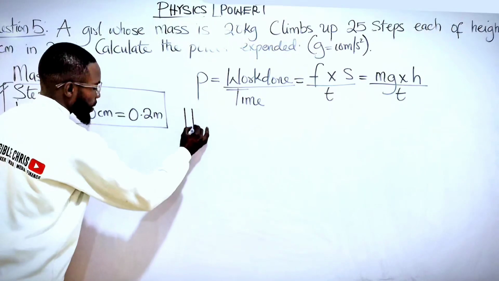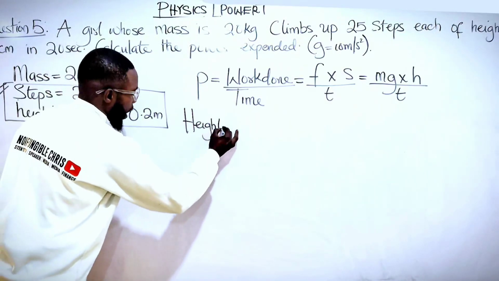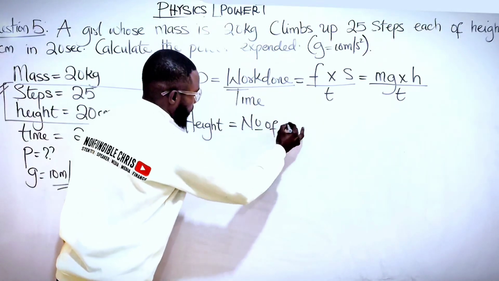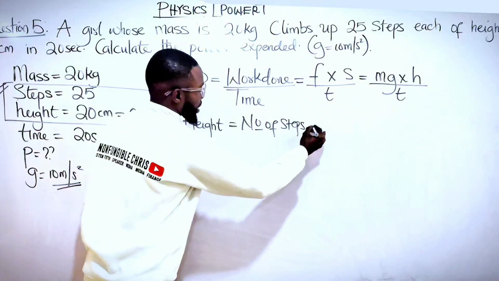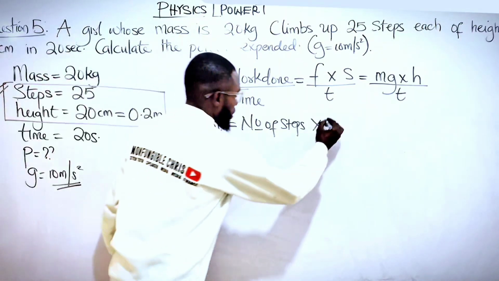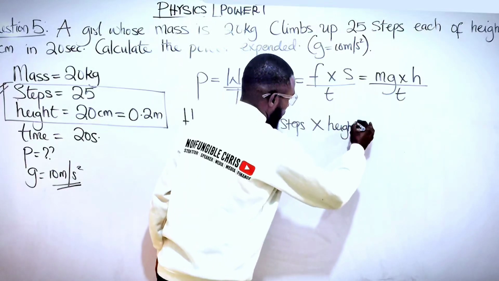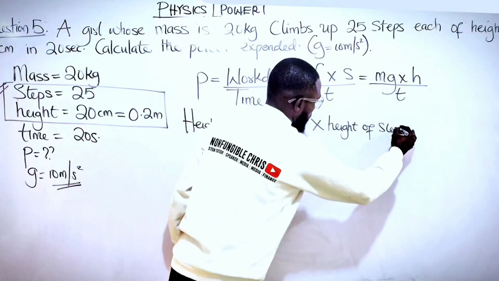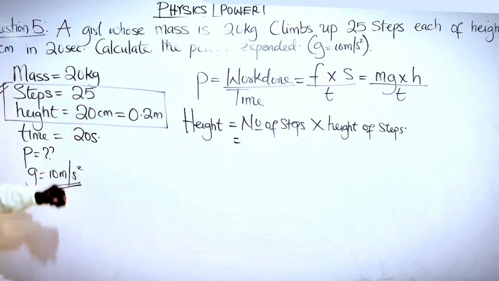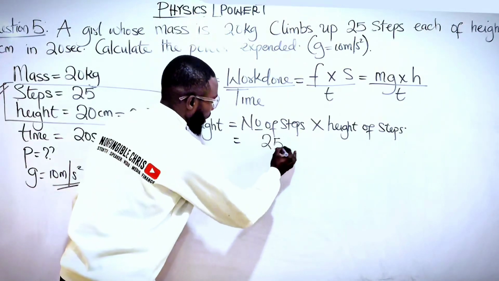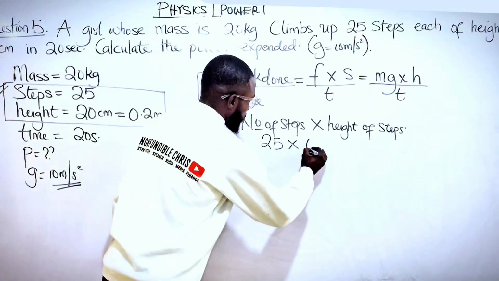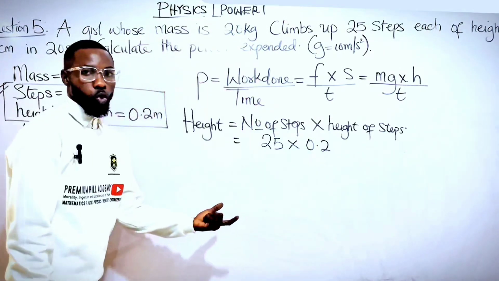The height is going to be the number of steps times the height of the steps, right? So what's the number of steps we have? 25. To climb 25 steps, 25 times the height of the steps, which is approximately 0.2, right?